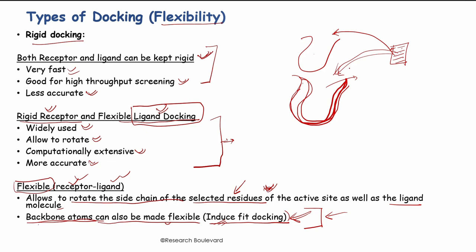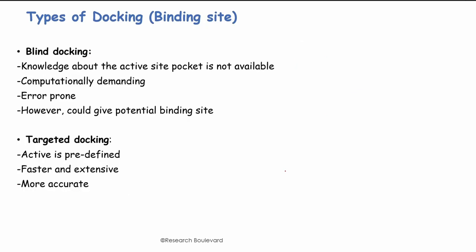You have a target molecule or drug target, which can be a protein or enzyme, and you don't know where the active site pocket is. So you tell the docking program to see where this potential drug molecule can fit.